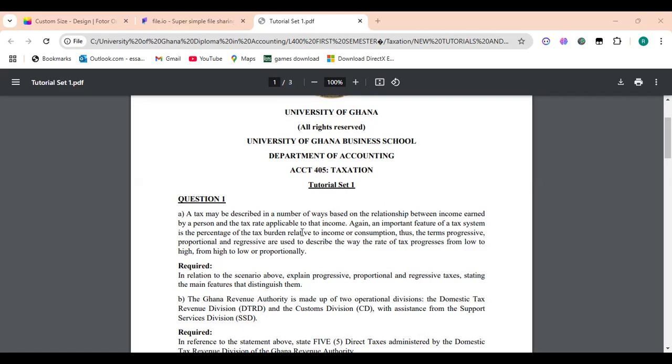All right, so question 1A. A tax may be described in a number of ways based on the relationship between income earned by a person and the tax rate applicable to that income. Again, an important feature of a tax system is the percentage of the tax burden relative to income or consumption.